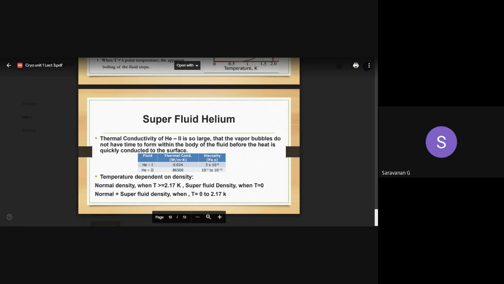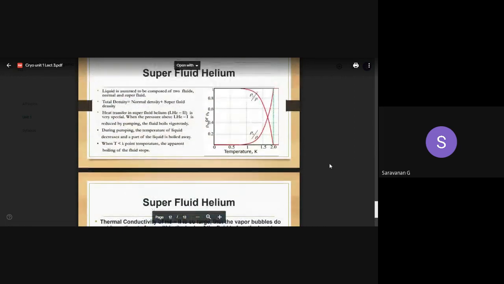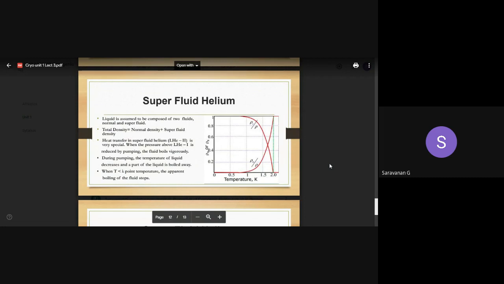So the superfluid is from 0 to 2.17 Kelvin. These are the two different fluids, superfluid and normal fluid. The ratio of superfluid density and normal density to total density, corresponding to the temperatures, gives an idea about the viscosity.